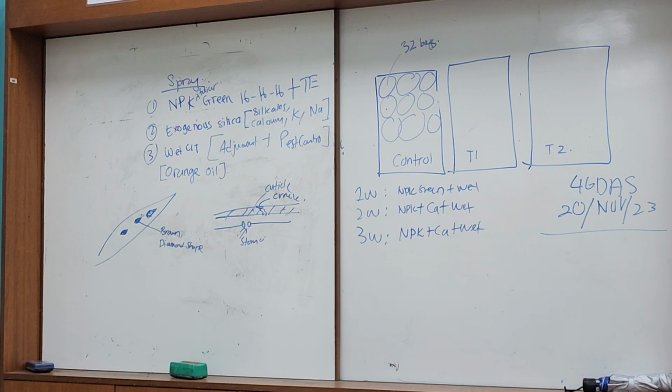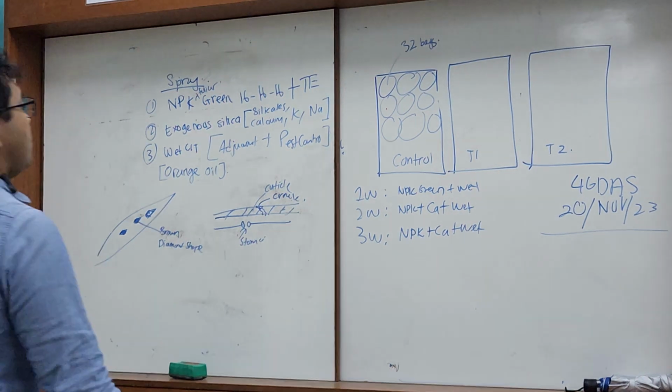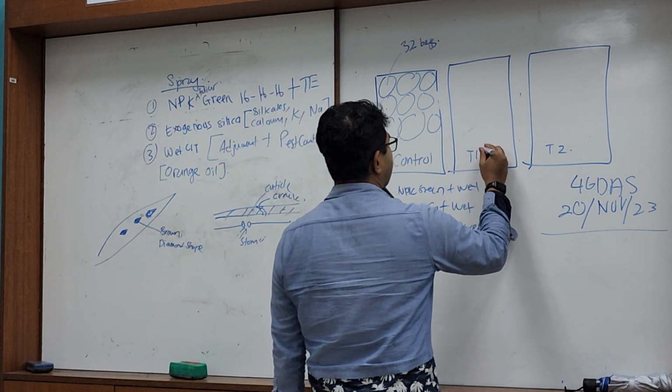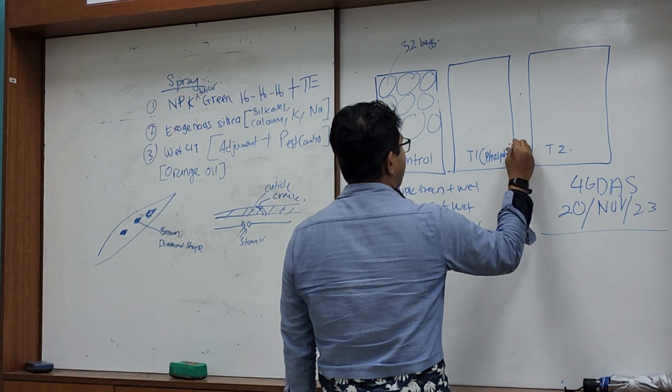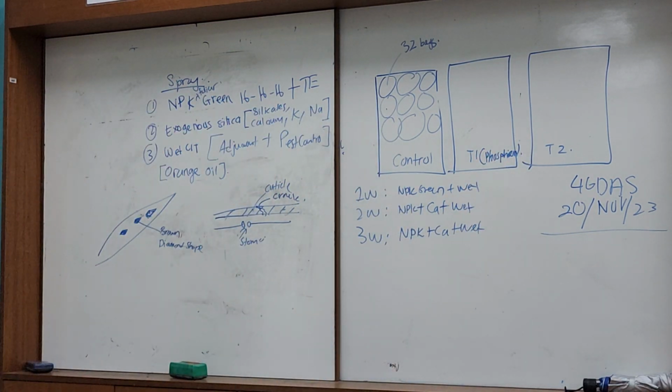But is it going to work or not? That is the question. The content of this product is N 13%, P2O5 29.5%, and copper 5%. So T1 would be your Phosphoron. How much are we going to put? I think we're going to decide later, right?